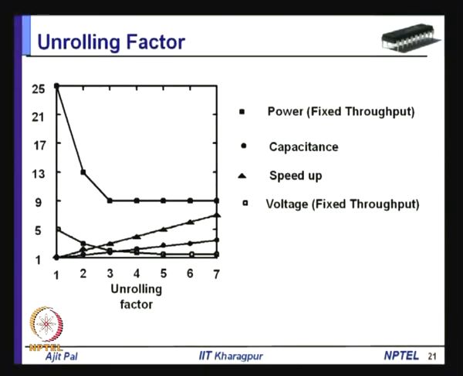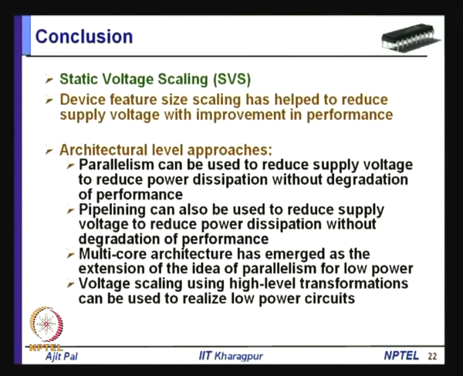With this we conclude our discussion on this topic. Now, we can summarize what we have discussed so far. We have discussed device feature size scaling in the previous lecture, and we have seen how it has helped to reduce supply voltage with improvement in performance. And we have discussed several architectural level approaches like parallelism, pipelining, and multi-core implementation, and how they can be used to achieve lower power by exploiting parallelism.